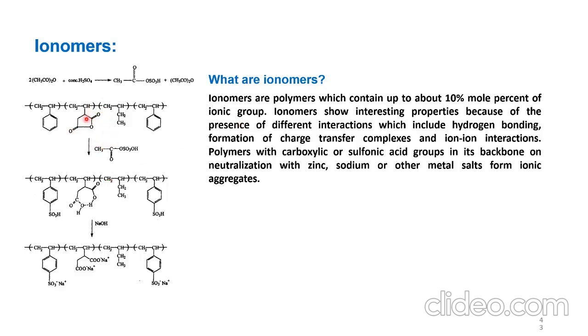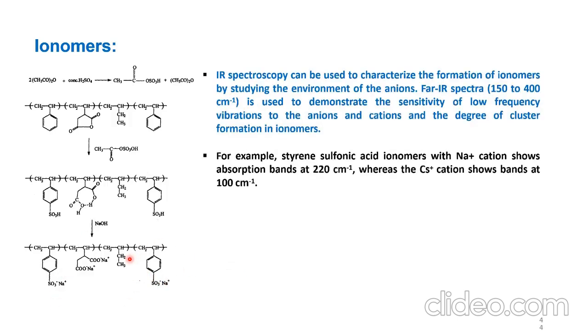Here it is getting modified in such a way that it is forming a Na plus ion. This is basically helpful to make the material more conductive. This can also be checked in the IR spectra.